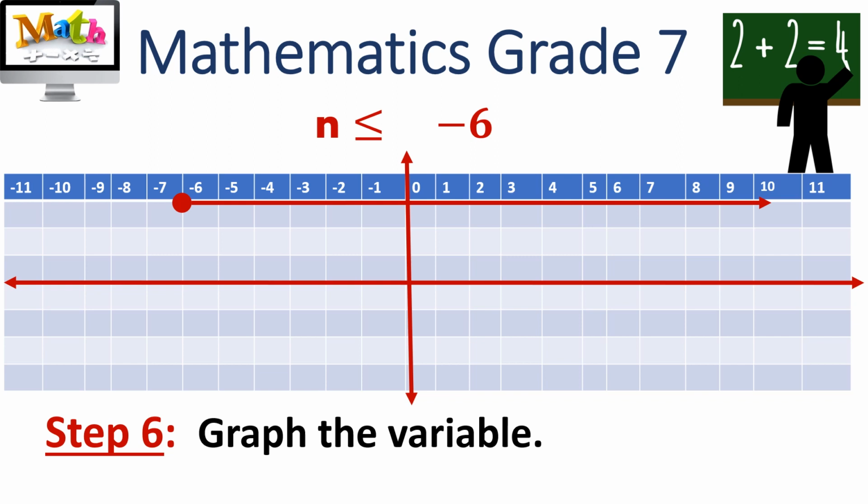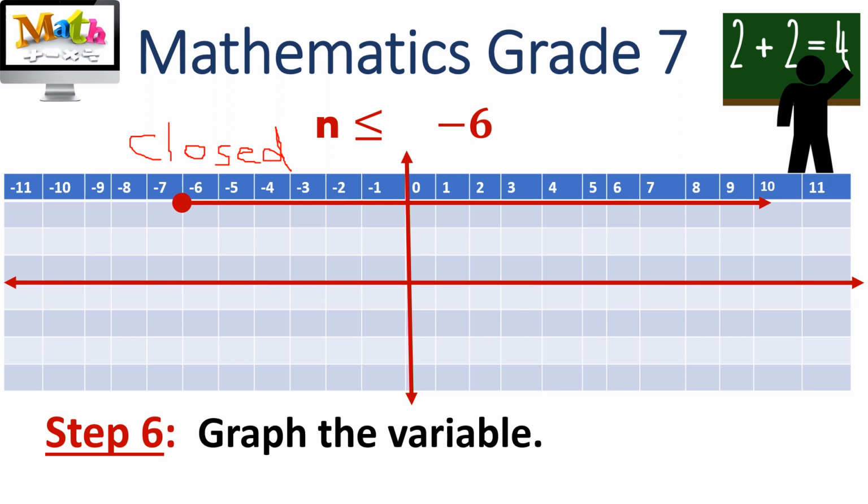So since -6 is a smaller number and this -5 is actually greater than this -6, okay, the circle has to be here. Why is it closed? Because you have an equal sign. Once you have an equal sign, it's closed.